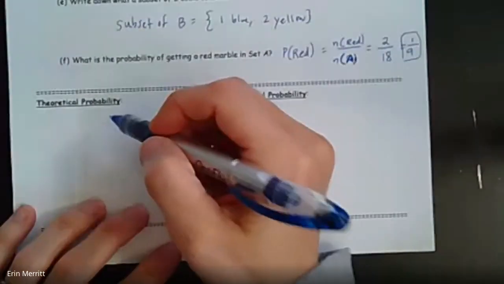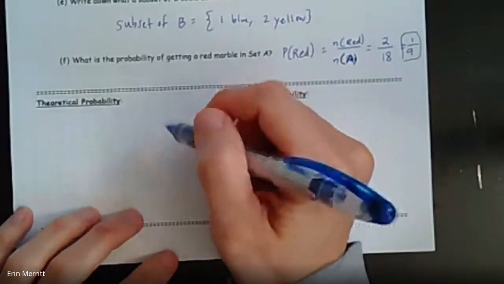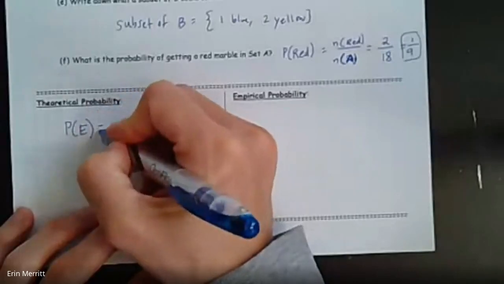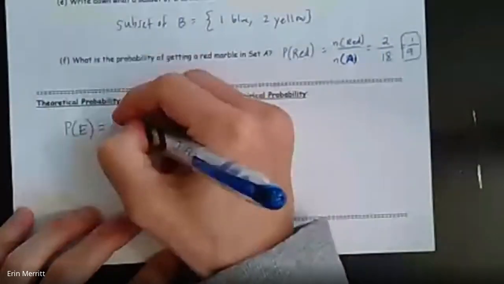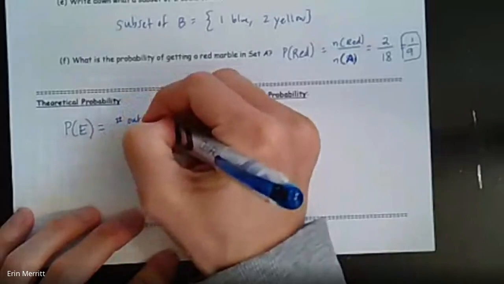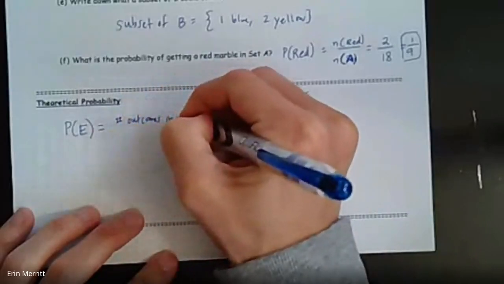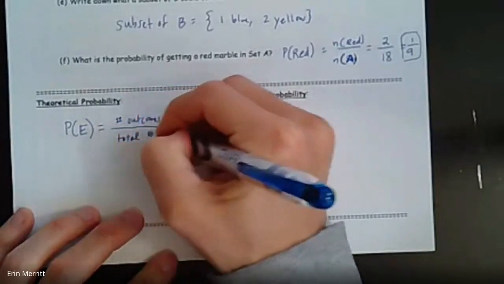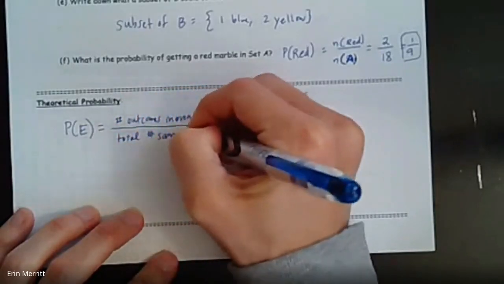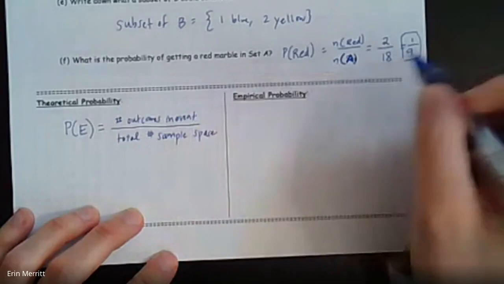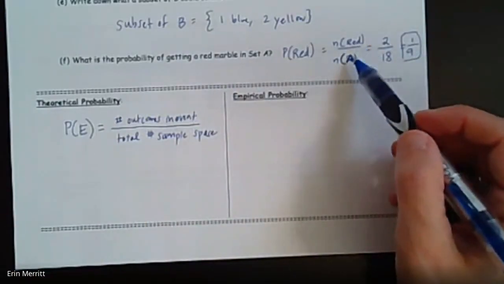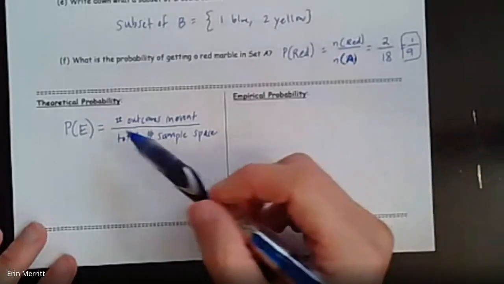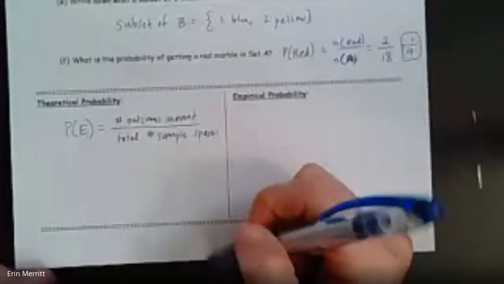So over here, theoretical probability, just like what we said on the last page, the probability of an event would be the number of outcomes in the event divided by the total number in the sample space. That's what N of E over N of S means, all right? So for the problem of probability of a head, it'd just be 1/2.